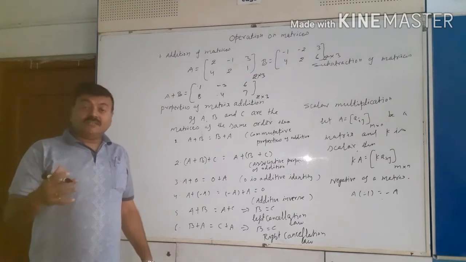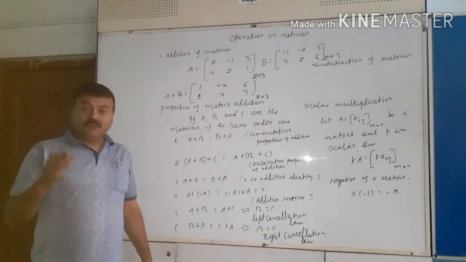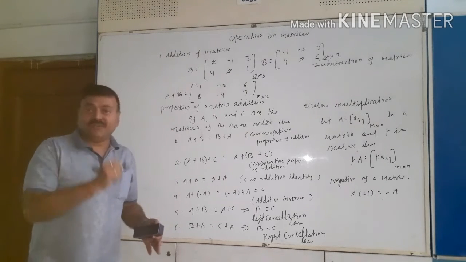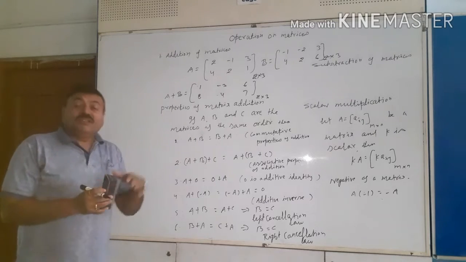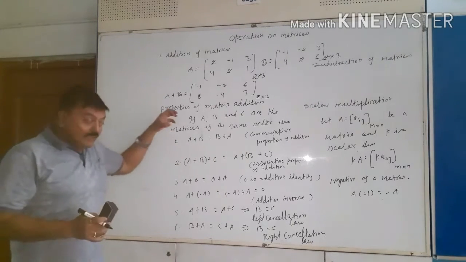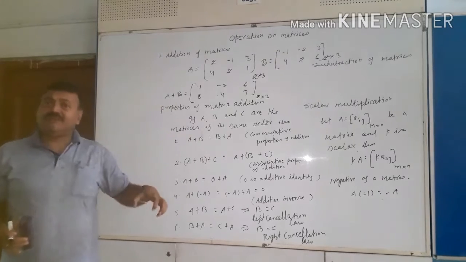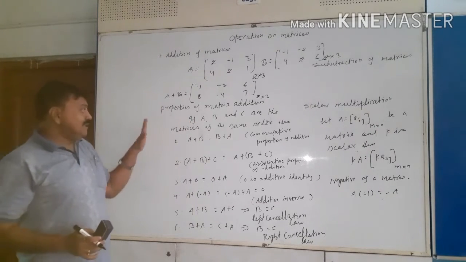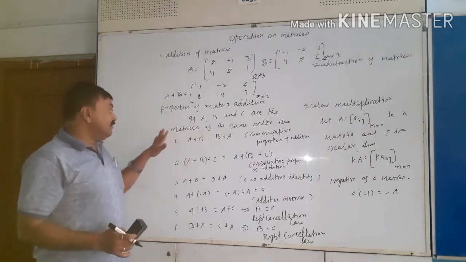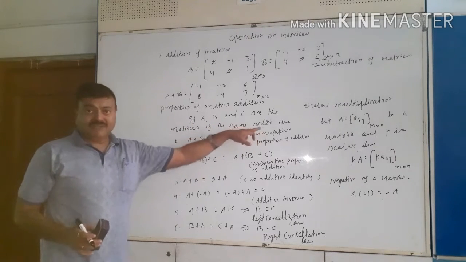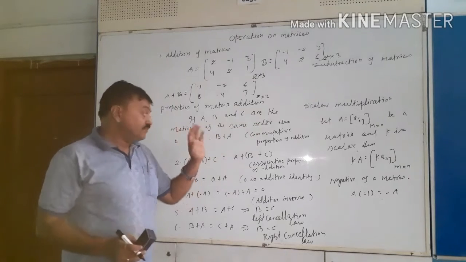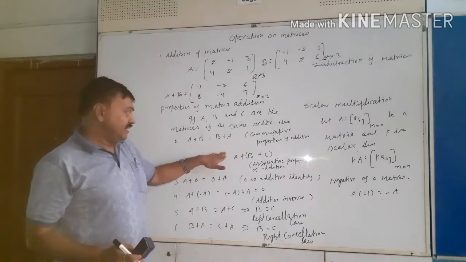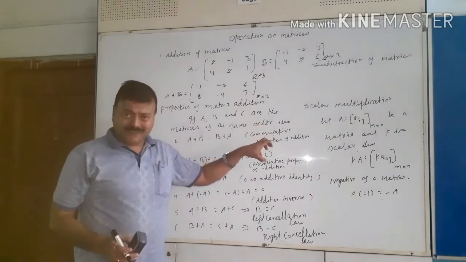Now, in previous classes we learned that the operation of addition has some properties. The same properties hold in matrix addition. It is written that if A, B and C are matrices of the same order, then A plus B equals B plus A. That is the commutative property.